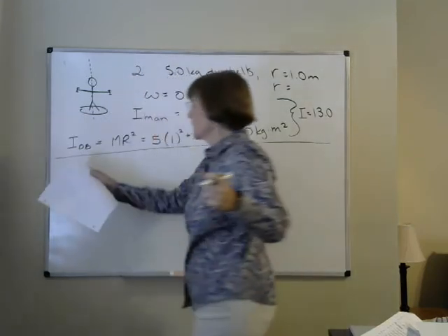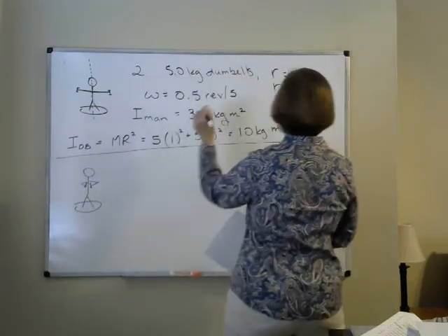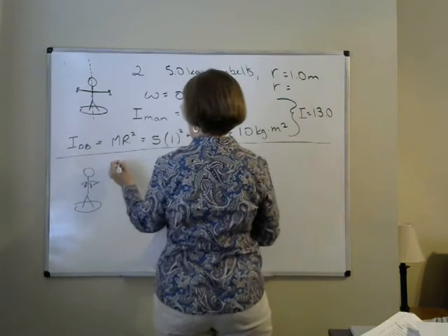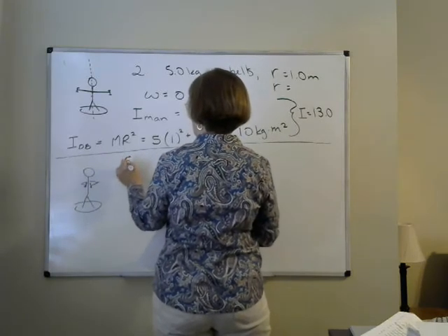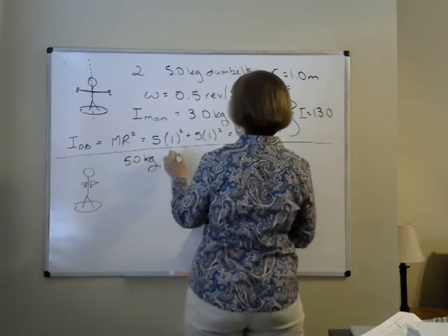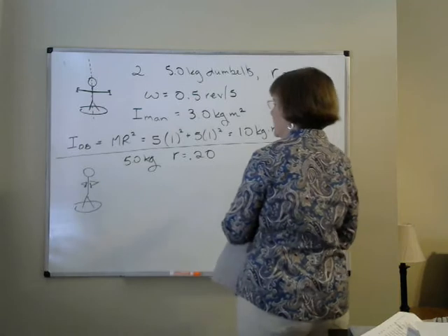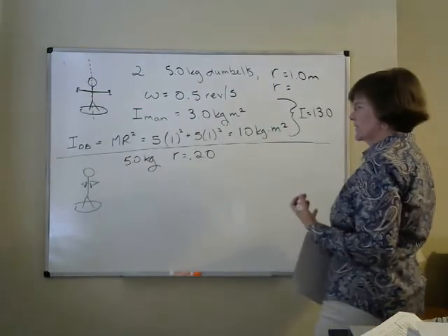So he's got them pulled in like this. Everything changes except a little bit. So we have the 2 dumbbells, they're 5 kilograms. But now they're at a radius of 0.20, so you're going to have a much smaller moment of inertia.